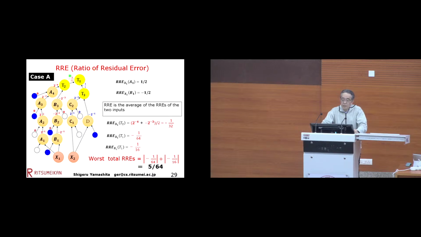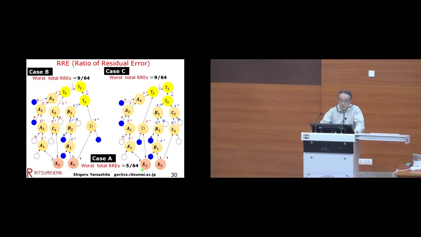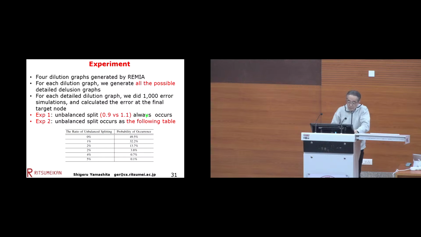So for example, in this case, we consider this and this separately, and we consider the total value of this. And these values work very well. That is, we can calculate these values for each graph. And so this is the experimental results.